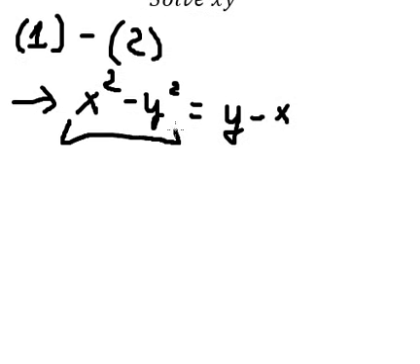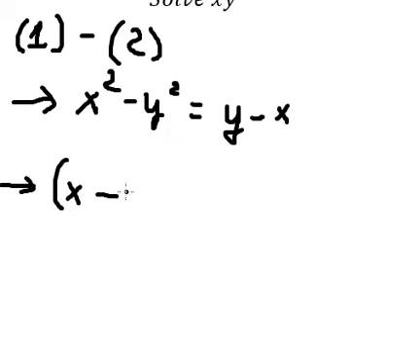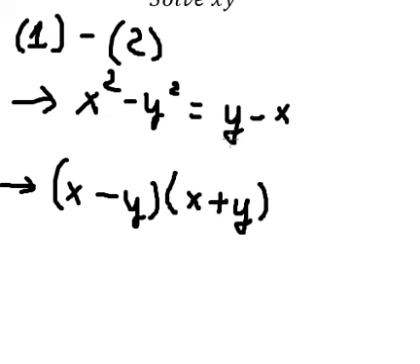We know that this is about identities. So we have x minus y multiplied by x plus y. And I will move this one to the left.